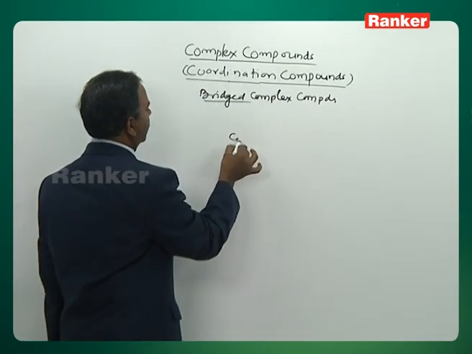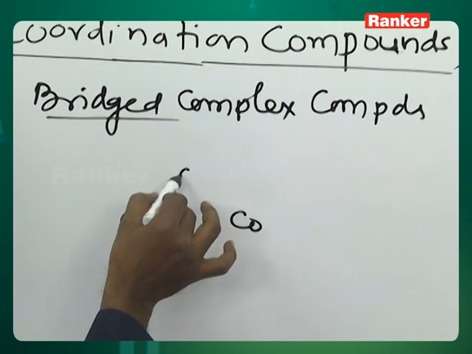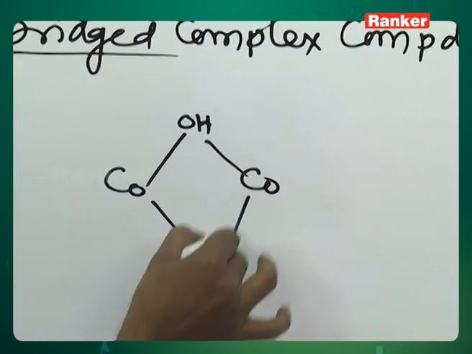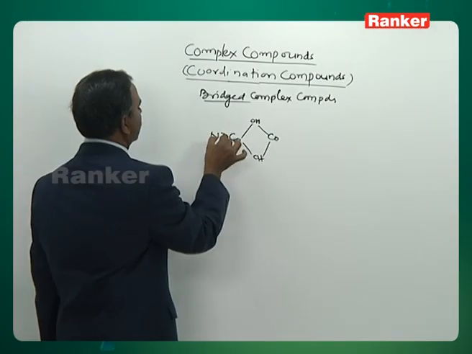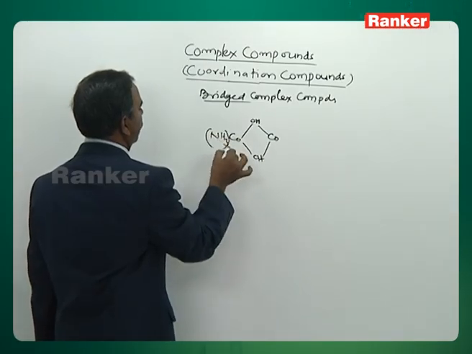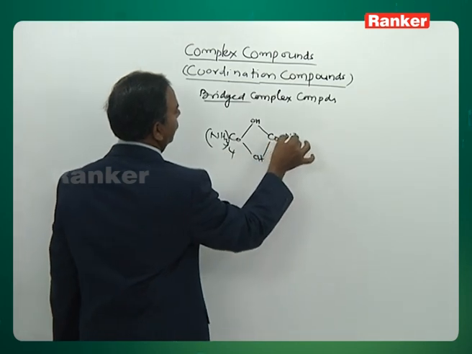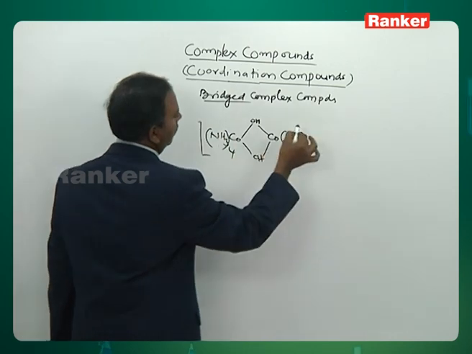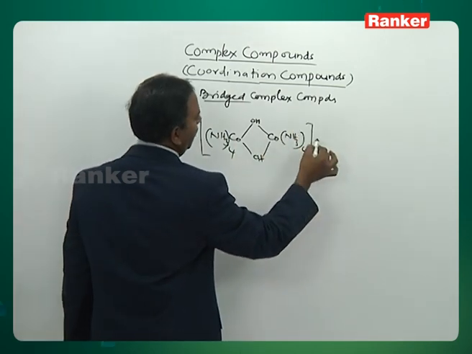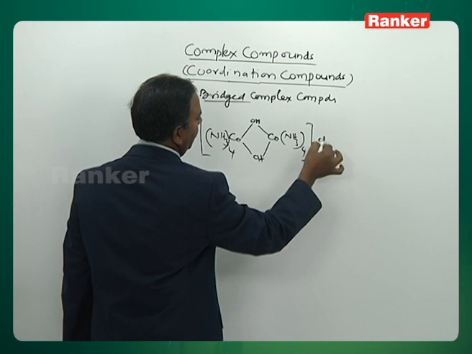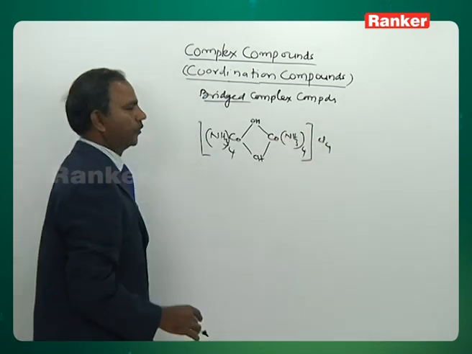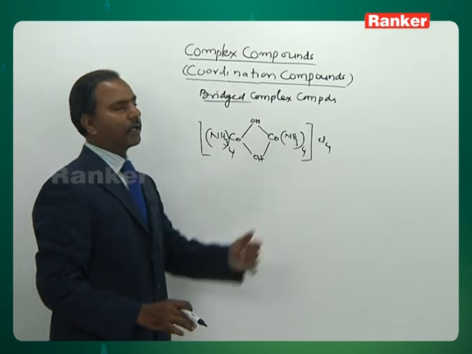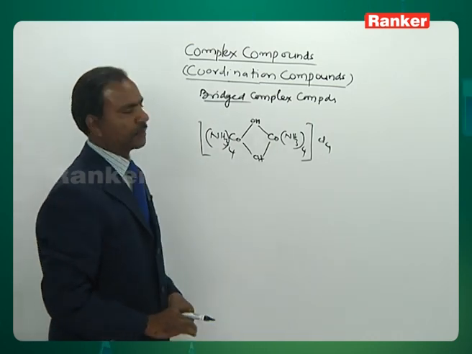Now I write a complex: tetraammine, cobalt, taken 4 times, Cl4. How do we know this complex is carrying 2 metal atoms bridged by hydroxy groups?